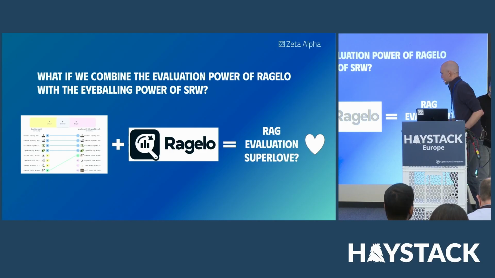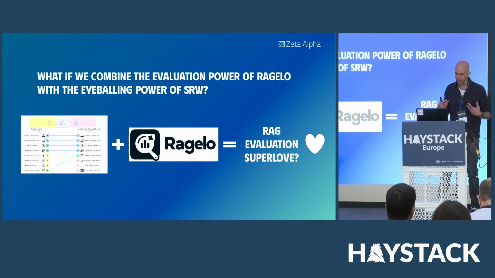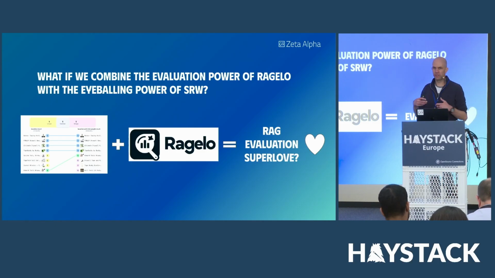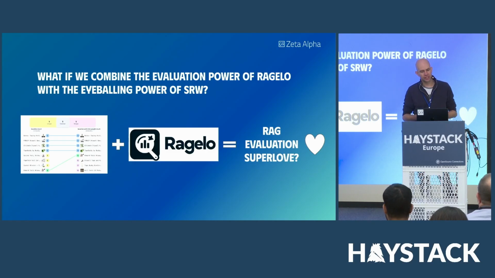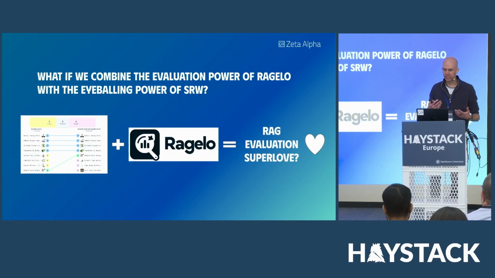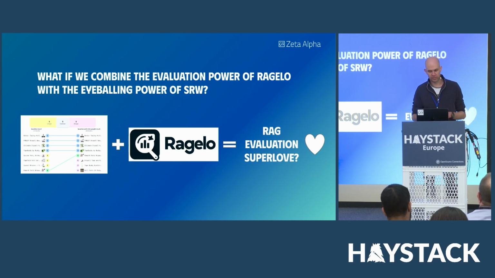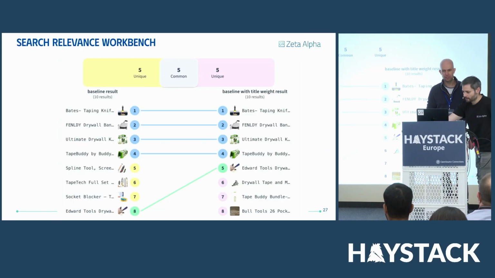So with that background, we can try and identify if we can hack together the Search Relevance Workbench, which originally wasn't meant for RAG evaluation, and see if we can actually have a solution that powers RAG evaluation. And Fernando will help me get to the demo. Yeah, sorry.